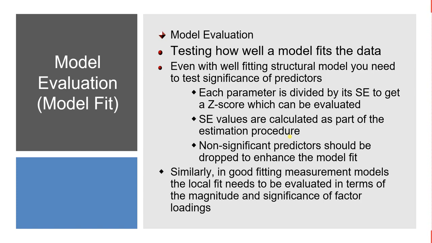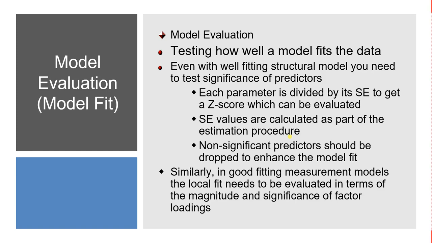For measurement model, the local fit requires the evaluation of the factor loadings. The factor structure model may be a very good fit, but there may be some factor loadings which are statistically non-significant or which are below a commonly agreed cutoff. Generally 0.6, 0.5 factor loading is considered good.